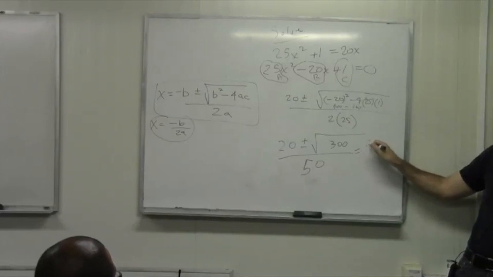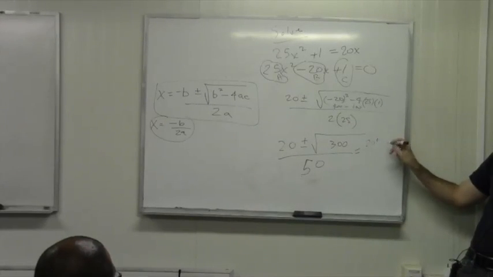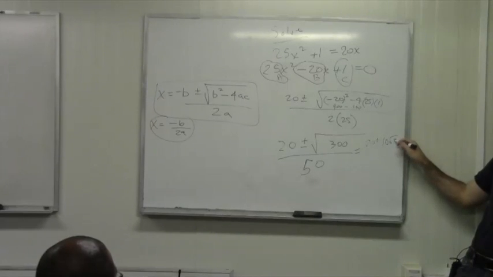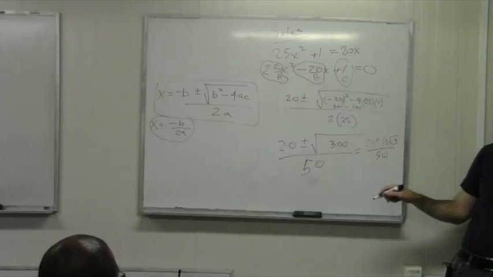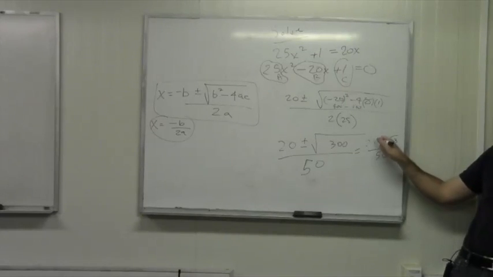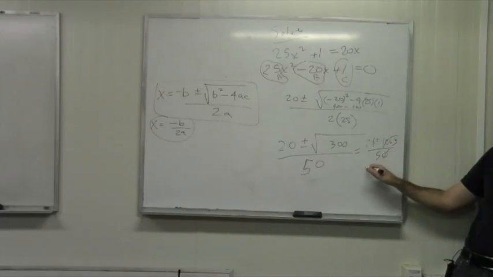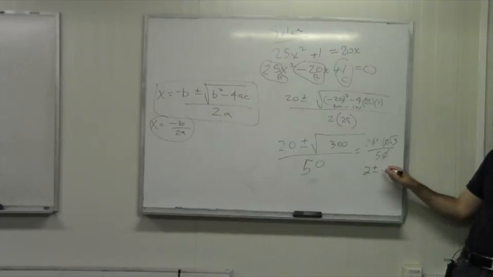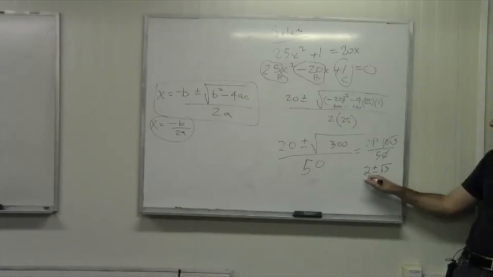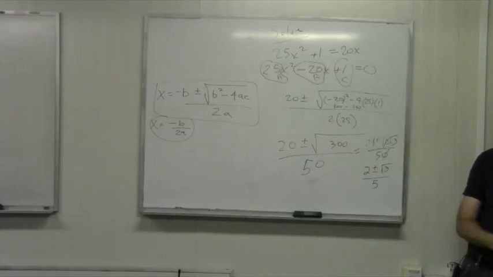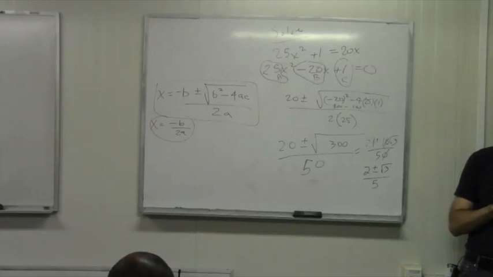So this is going to be 20 plus or minus 10 square root of 3 divided by 50. And then you can actually cancel out the zeros as well. So it's going to be 2 plus or minus square root of 3 divided by 5. That's what that one ends up being.